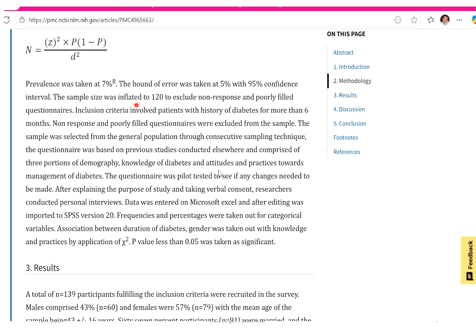The bound of error is mentioned, confidence interval is mentioned, and the sample size was inflated to cover non-response. How missing information or poorly filled questionnaires were handled is mentioned over here, and the version of SPSS is mentioned. You can see the plan of analysis is also mentioned. Chi-square, p-value less than 0.05 was taken as significant.